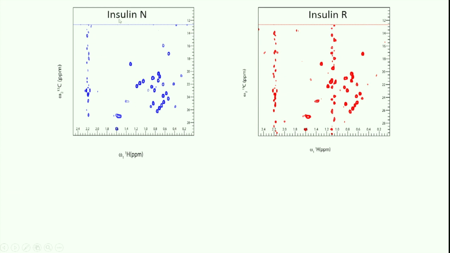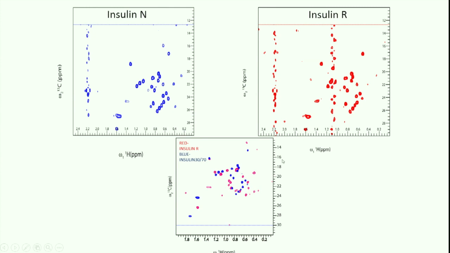So if you record an insulin N or insulin R, you see these kinds of spectra. Here we have shifted the equilibrium towards monomeric by putting acid. We brought it to pH 2.3, but in those cases also you can see crystalline to soluble form, there is some difference in the spectrum. Now you can match it with insulin R and 70-30, you see the peaks are shifting.